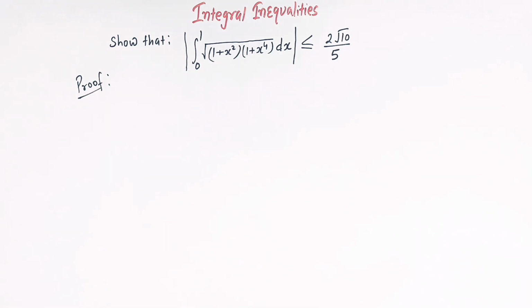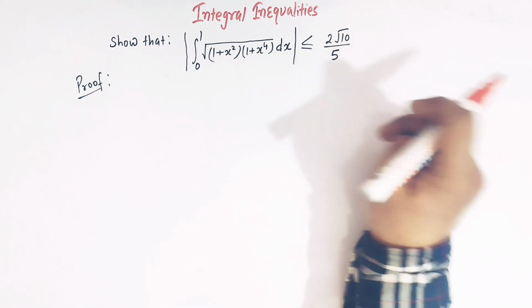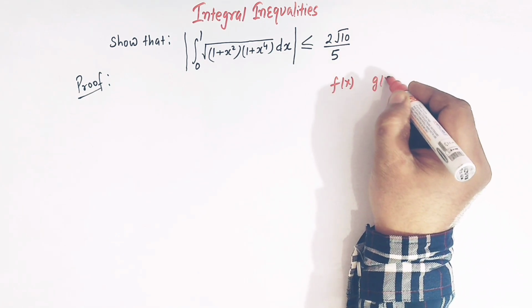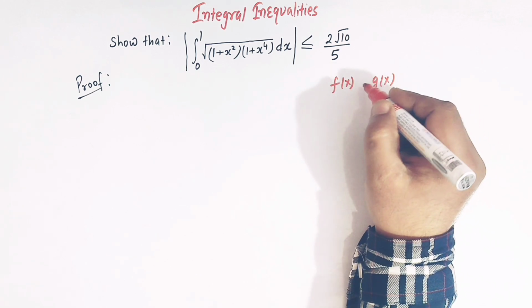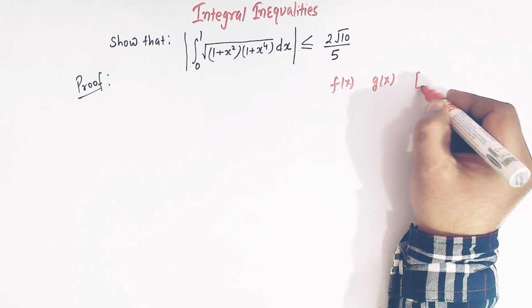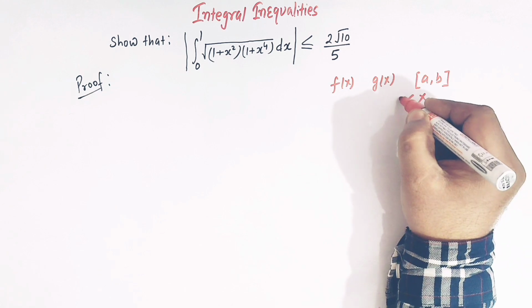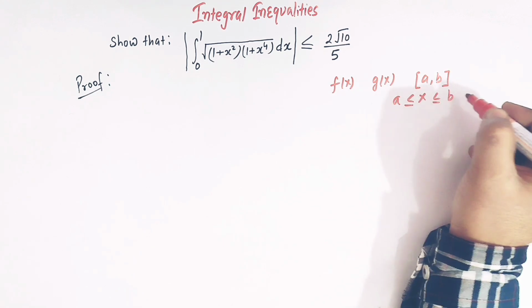So let us first see the statement of the Cauchy-Schwarz inequality. The Cauchy-Schwarz inequality states that if we have two functions, say f of x and g of x, right? And these two functions are integrable and continuous in the interval a comma b, right?